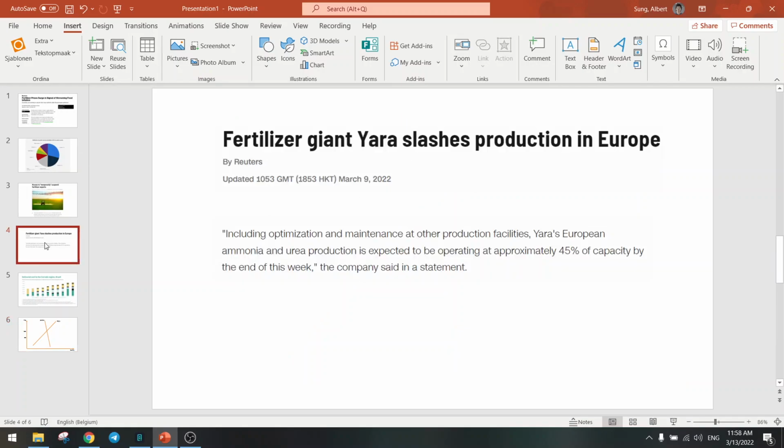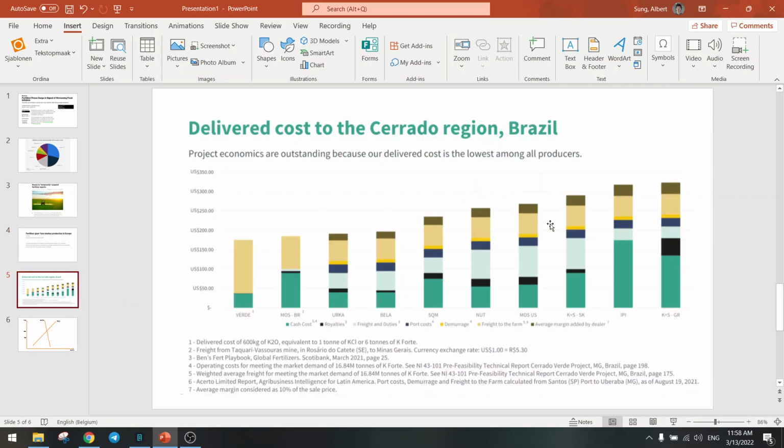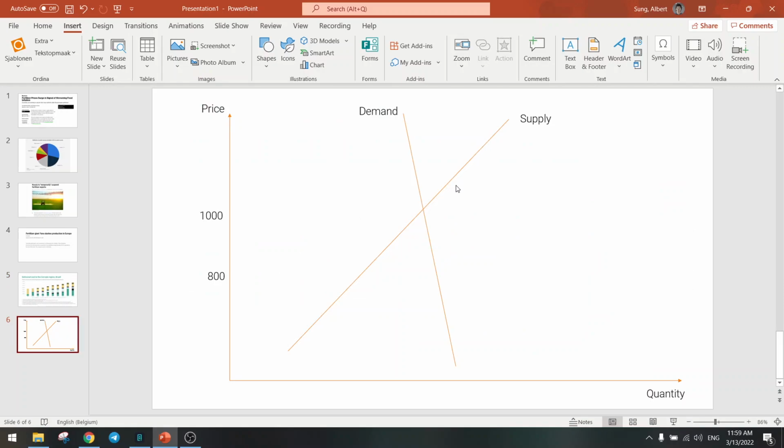Now, what happens when the costs go up? Then this whole curve goes up. Costs will go up due to higher oil prices, higher natural gas prices. So the whole supply curve goes up.